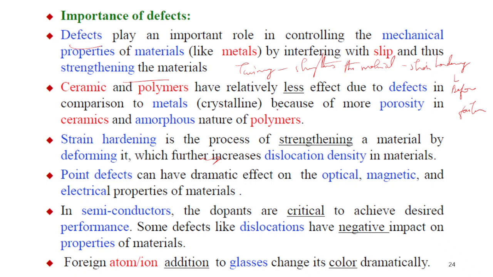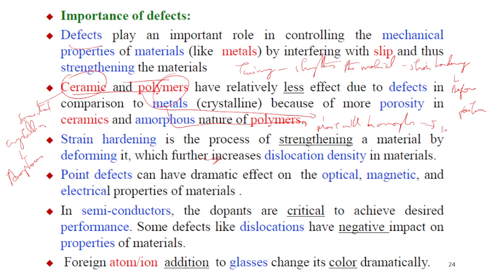Likewise, ceramics and polymers have relatively less effect due to defects in comparison to metal, because they have more porosity. Ceramics are somewhat crystalline, but they can be amorphous also, but polymers mostly will be amorphous, but there are some crystalline polymers, and to grow crystalline polymers is very difficult.